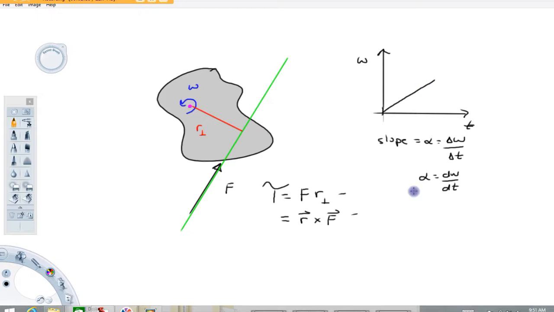The slope of that line is what I call the angular acceleration, or not just me, but everybody calls it that. And the angular acceleration is the rate that the angular velocity changes, which in an algebraic sense would be change in angular velocity over change in time, meaning if I pick any 2 points on this curve here, this would be the change in angular velocity, this would be the change in time. Or in the language of calculus and derivatives, it would be the derivative of the angular velocity.